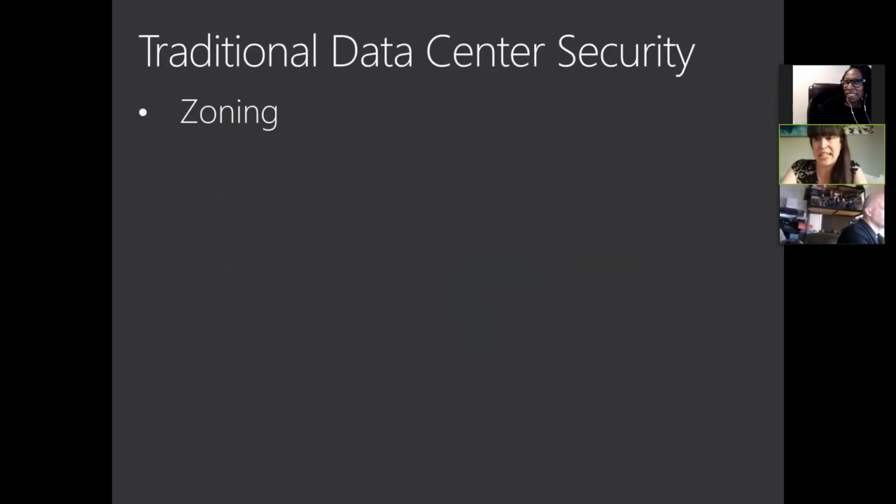So zoning. Back in the day, and still in a lot of data centers, we created this plan where, if we have different areas of the network, we should put firewalls around them so that if someone gets in, they're only in that one area and then they're sort of trapped. So let's say you have all of your databases in the same zone and you have firewalls around it.